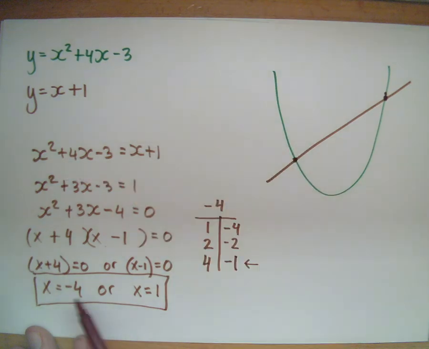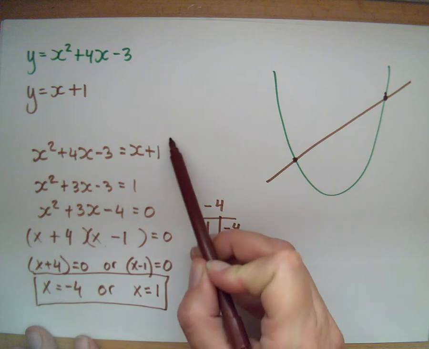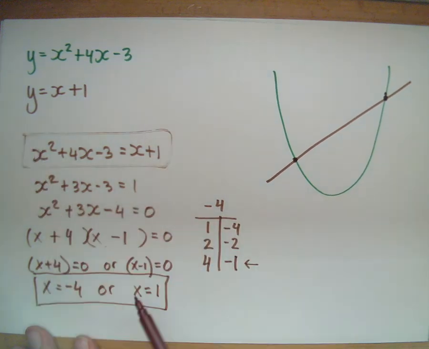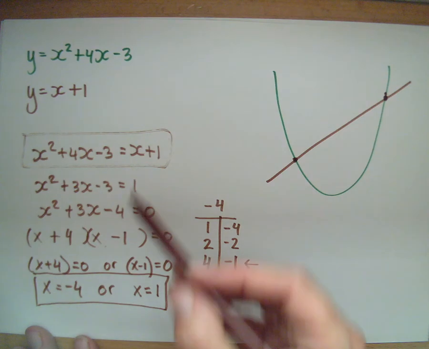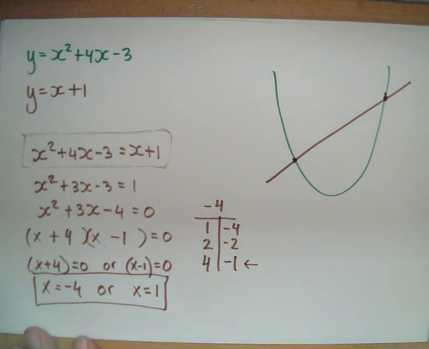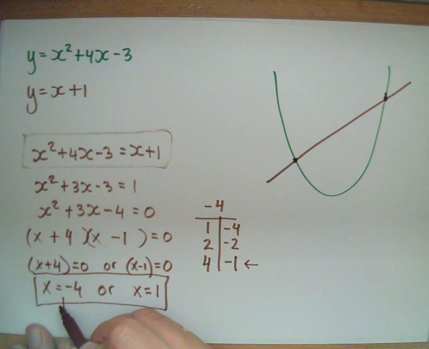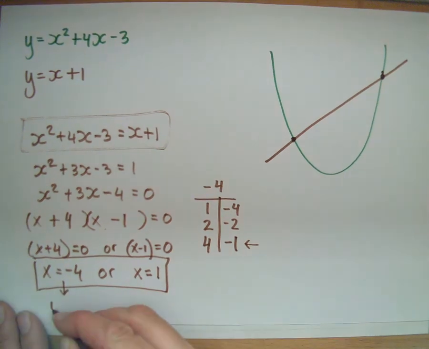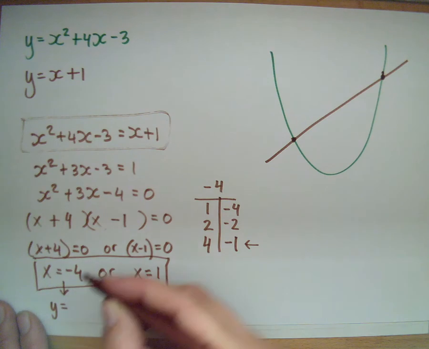There are 2 values for x that make this equation true, so these 2 lines intersect at these 2 x values. All we need to do now is to find the corresponding y values, right? When x equals -4, what does y equal? We're going to plug it in.